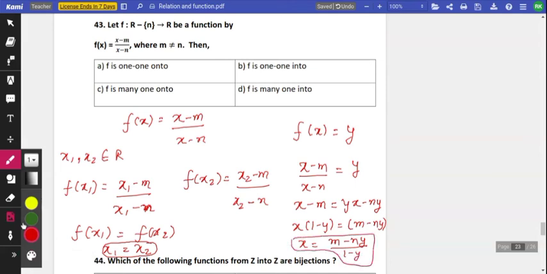Here y cannot be equal to 1. So the given function is not onto, because the function is not defined at y equal to 1. So the given function is 1-1 and into. So correct answer is option B.